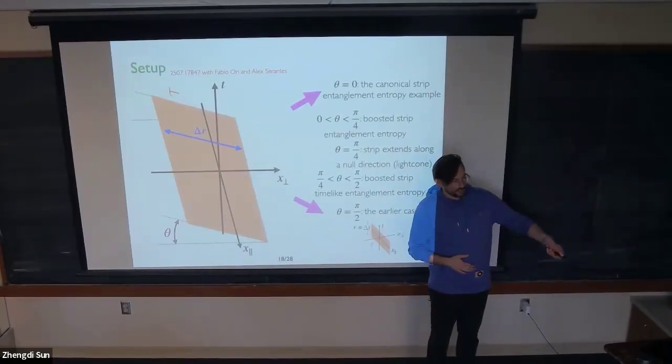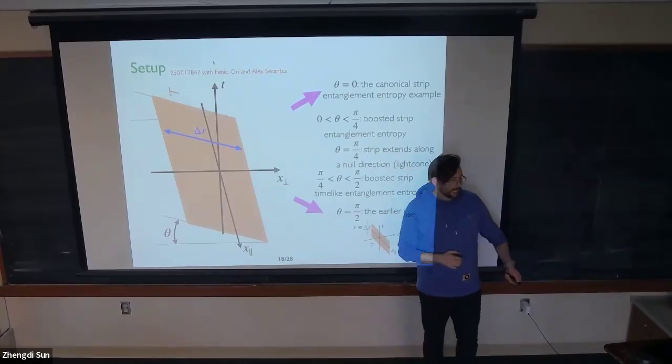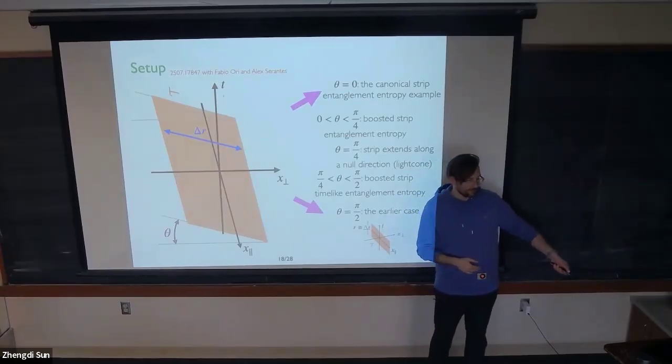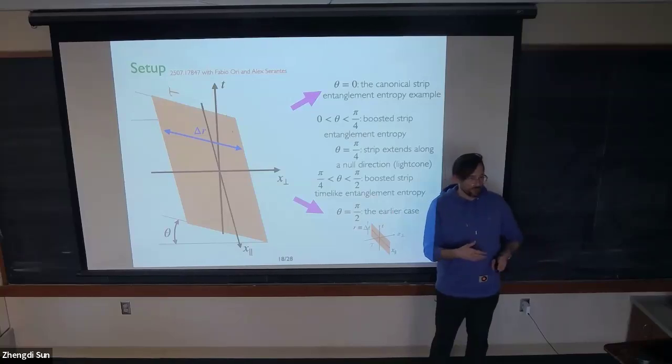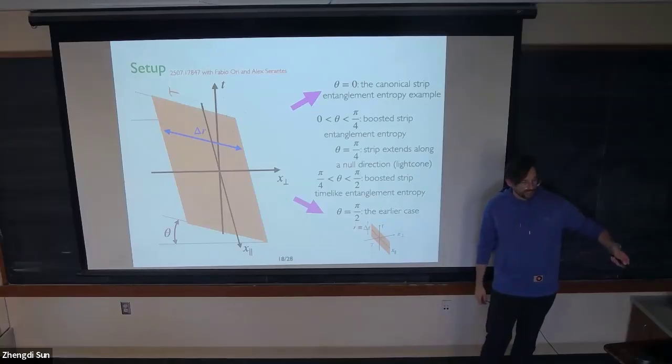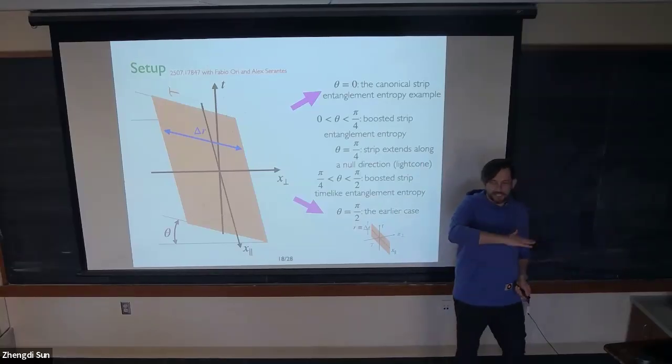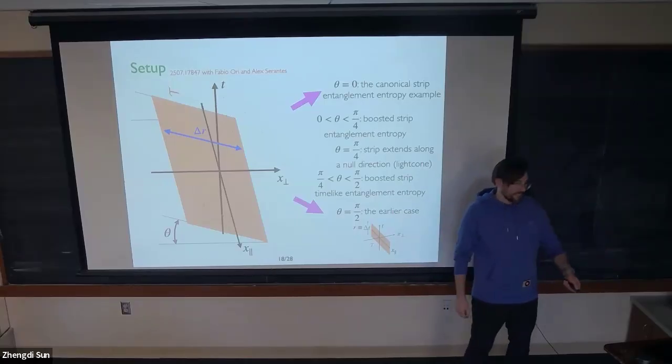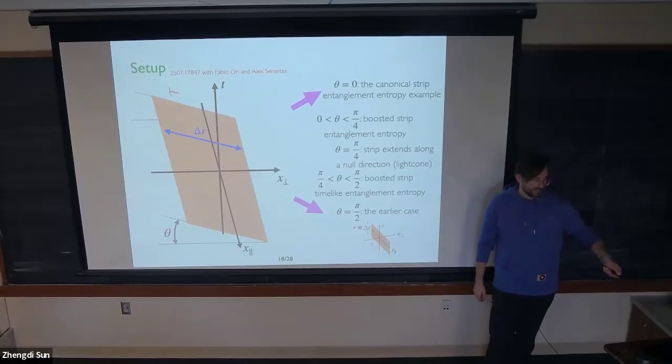So the setup that we adopted in the second paper was the setup in which we have this strip subsystem, but the strip subsystem is more general than what we had before, which is we allow this strip subsystem to be either space-like or time-like. I mean, this strip subsystem is going to be specified by 2 parameters. One is going to be the angle that it makes with the spatial directions, and the other one is going to be the coordinate size.